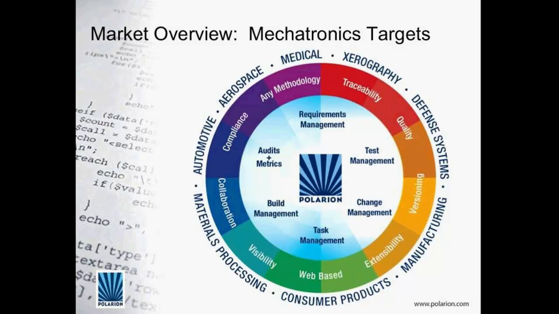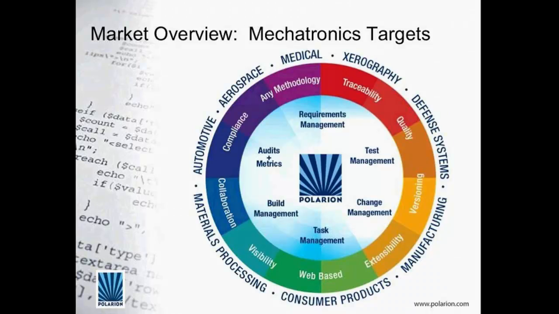Now, it just so happens today I'm speaking to you from one of our customers who happens to be involved in the aerospace industry. This is an example of a Polarian customer that doesn't just develop software, but develops hardware and software and everything that integrates them together into something that we'll call mechatronics. So when we deal with Polarian customers, we see that many methods are required.